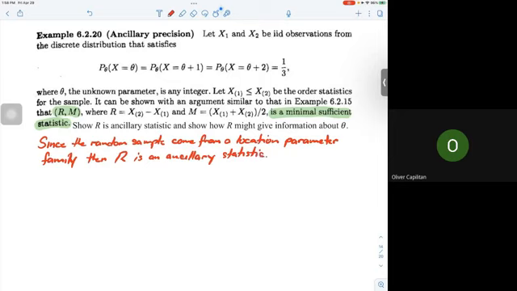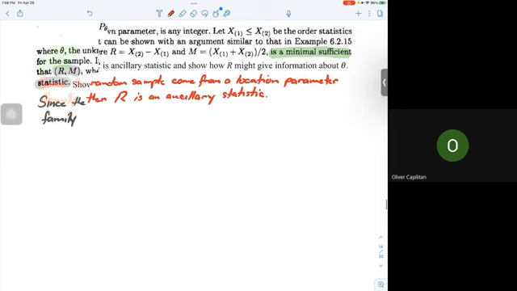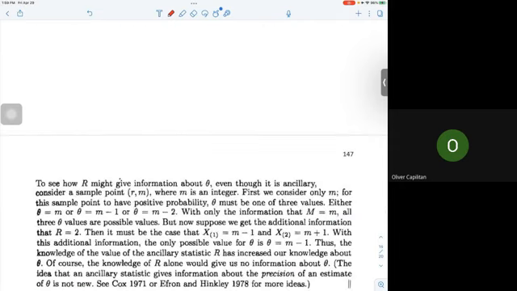So show how R might give information about our unknown parameter theta. To see how R might give information about theta, even though it is ancillary, consider a sample point R, M. Okay, this is our sample point, where M is an integer.